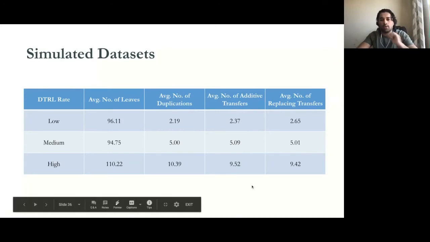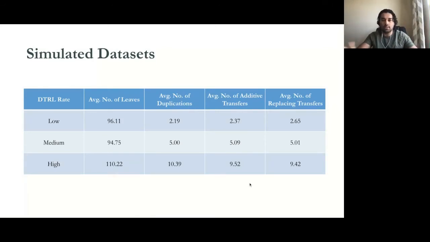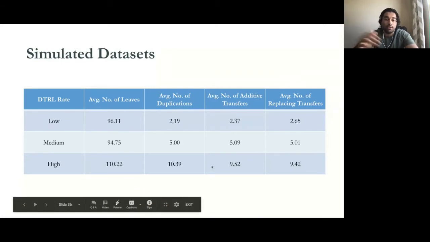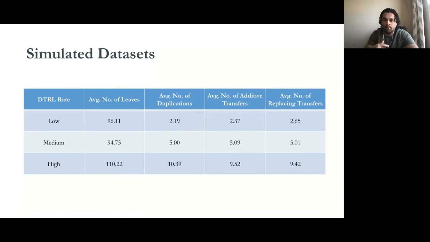So with the simulation, we generate the set of trees where the average number of leaves for the low, medium, and high sets of DTRL rates, of course, correspond roughly to, well, for the high DTRL rate, we have a large number of leaves, though between the medium and low, the trend is not exactly linear.